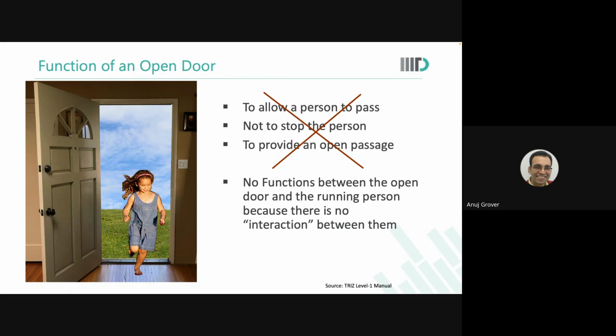To have any function, touch or interaction is necessary. Even if the touch happens, for example, air does touch the door, there is no function because it doesn't change any parameter of the air, neither does it maintain any parameter of the air. Are you able to see this? So all three conditions have to be met for a function to exist.